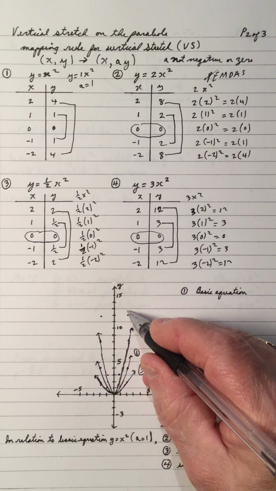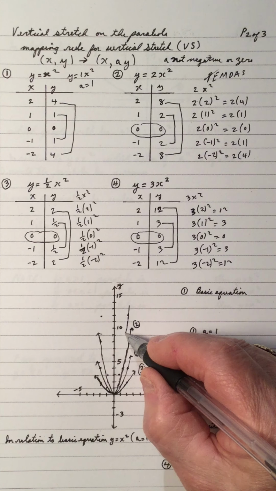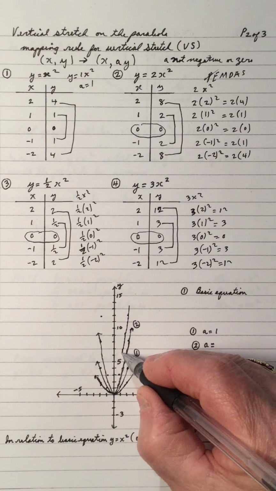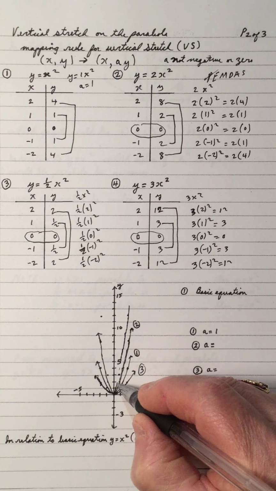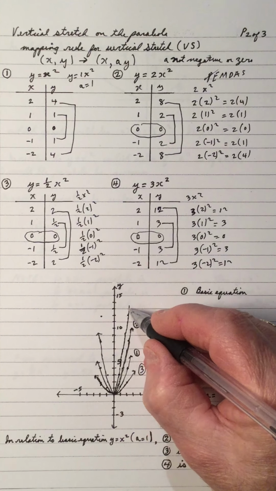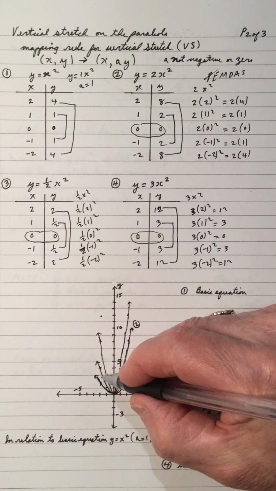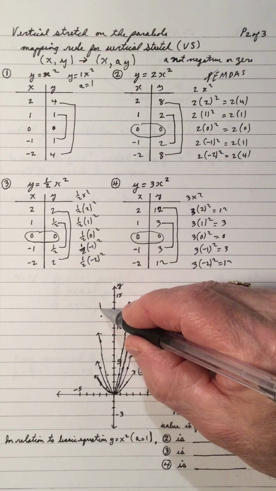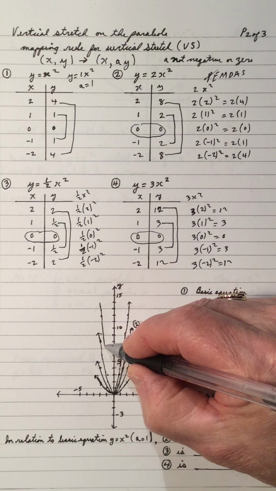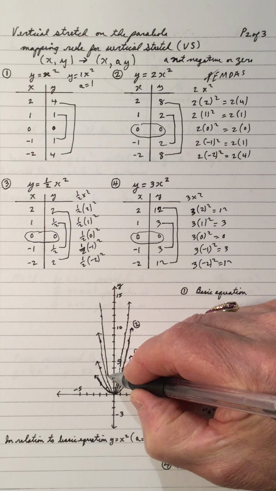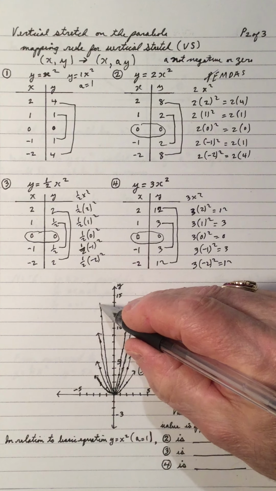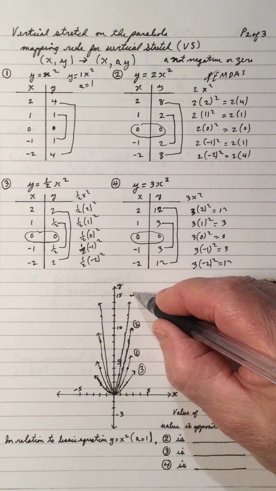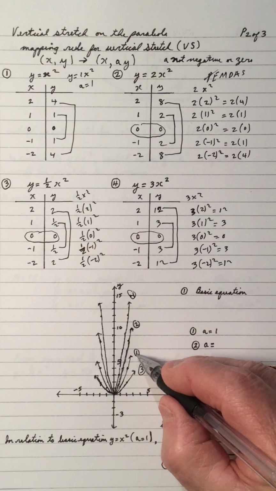And you notice that the parabola is 3 times, the y values are 3 times higher than the other ones. 3 times the basic parabola, that is. So there's number 4. 1 is the basic.